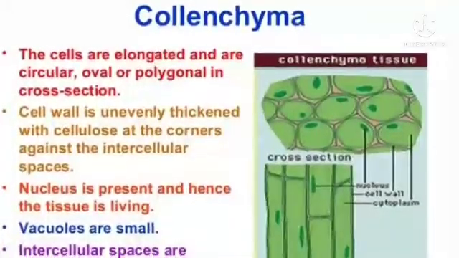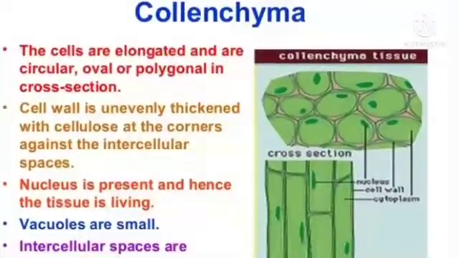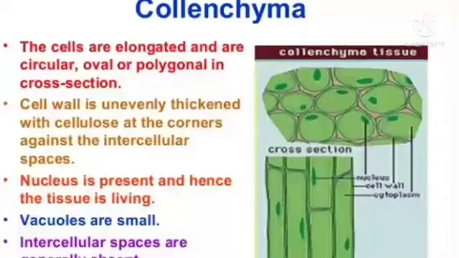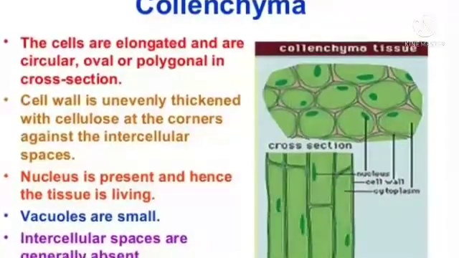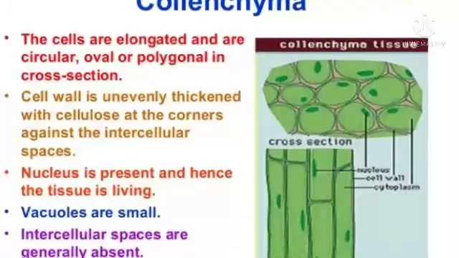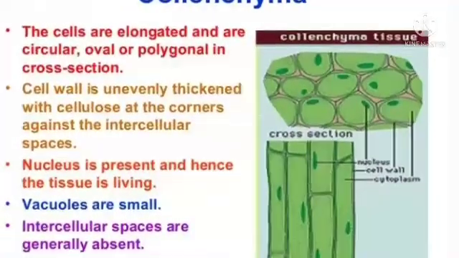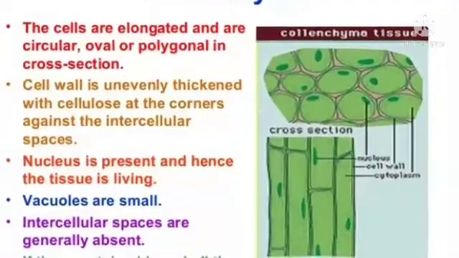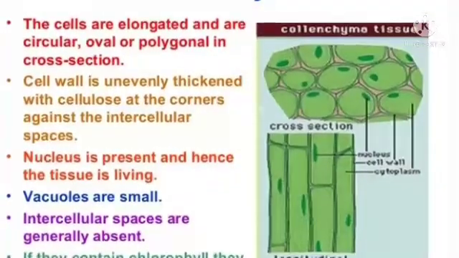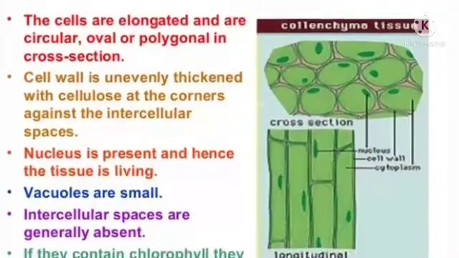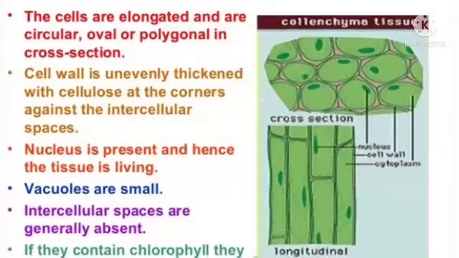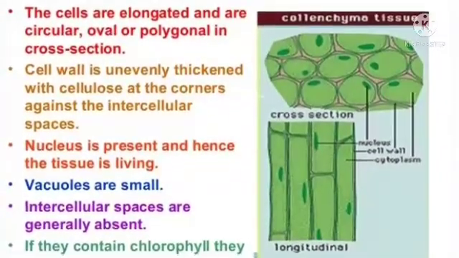Collenchyma. The cells are elongated and are circular, oval or polygonal in cross section. Cell wall is unevenly thickened with cellulose at the corners against the intercellular spaces. Nucleus is present and hence the tissue is living. Vacuoles are small. Intercellular spaces are generally absent.